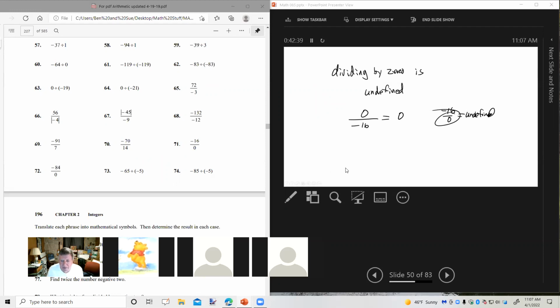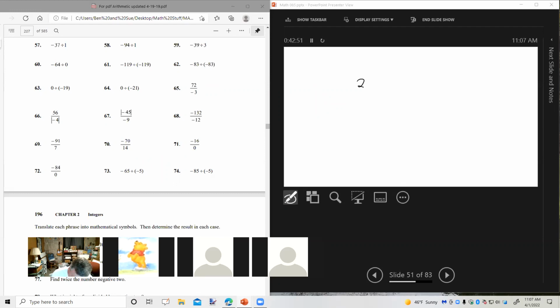All right. What I want to talk about now is taking a base and raising it to a power. And let me explain. Let's say we have 2 to the 3rd power. 2 is the base and 3 is the power or the exponent.